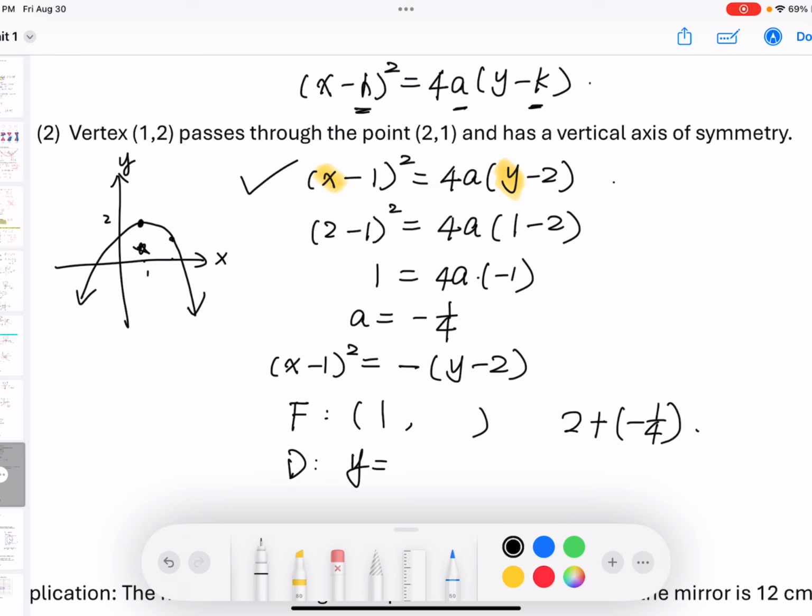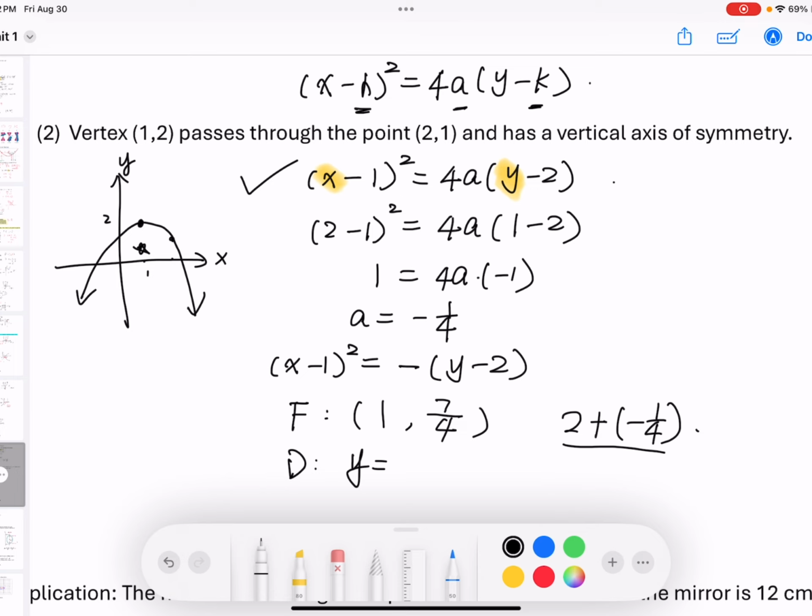You can also say I should go down the absolute value of a units. So it is 2 plus negative 1/4, which is 2 minus 1/4. It is 7/4.